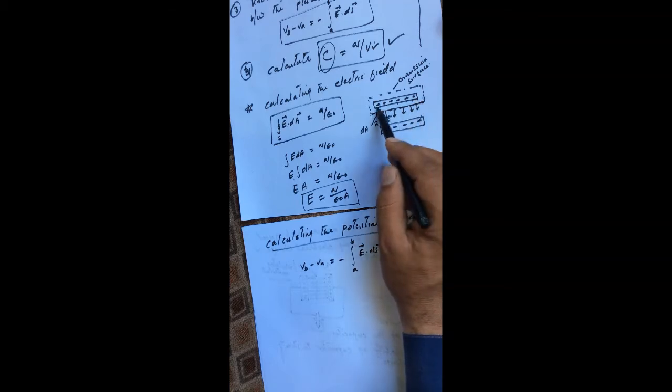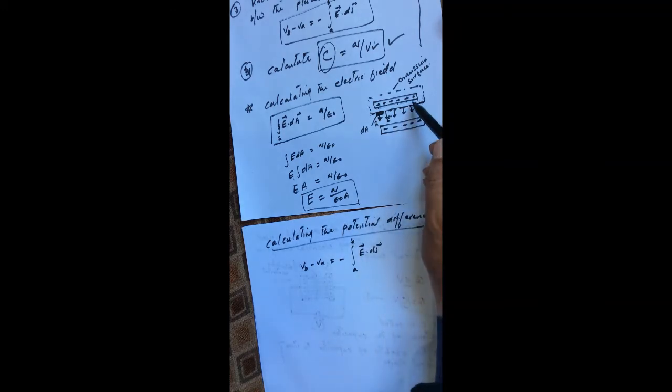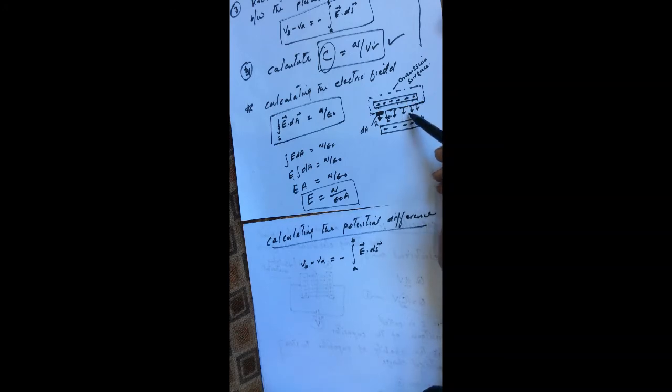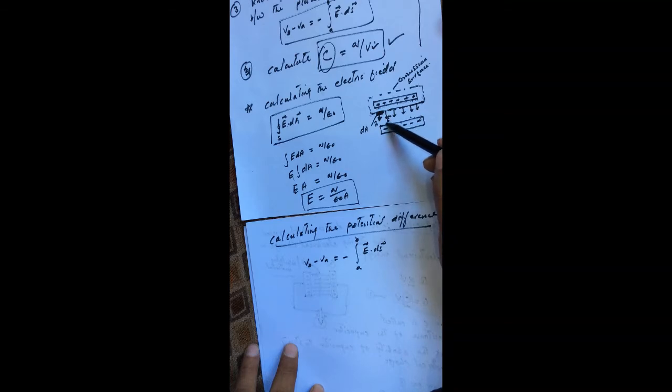But for convenience or for simplicity, we consider the path from the positive plate to the negative plate, or we can consider the path of the integral as the direction of the electric field. Here the direction of the electric field is from positive charge to negative charge, so the path of the integral will be from the positive plate to the negative plate. Now for this path, the electric field E and the element ds are both parallel.